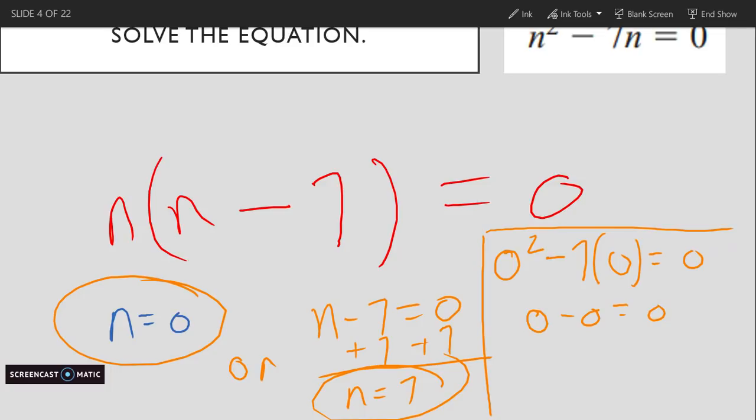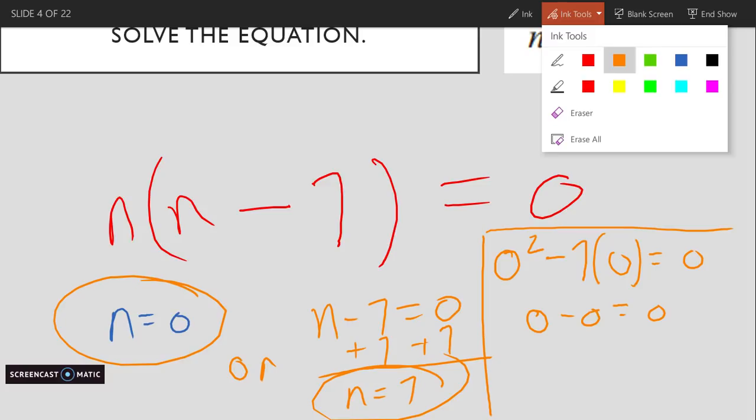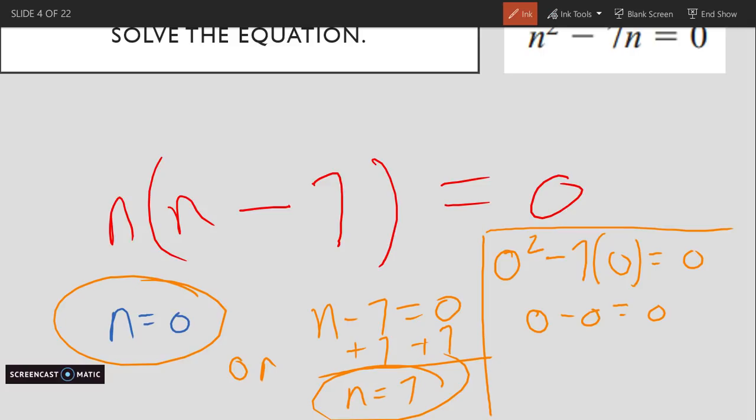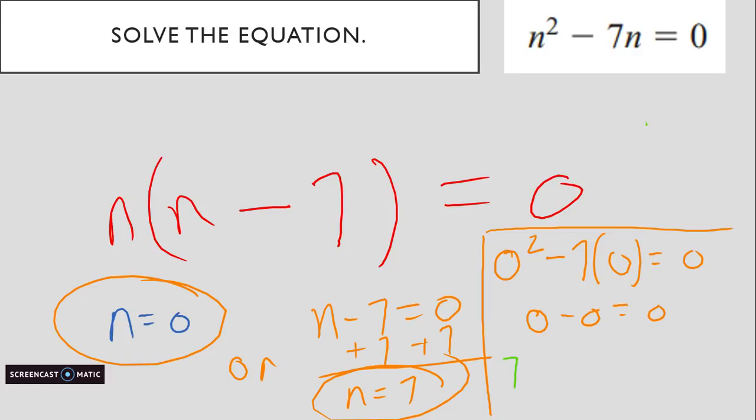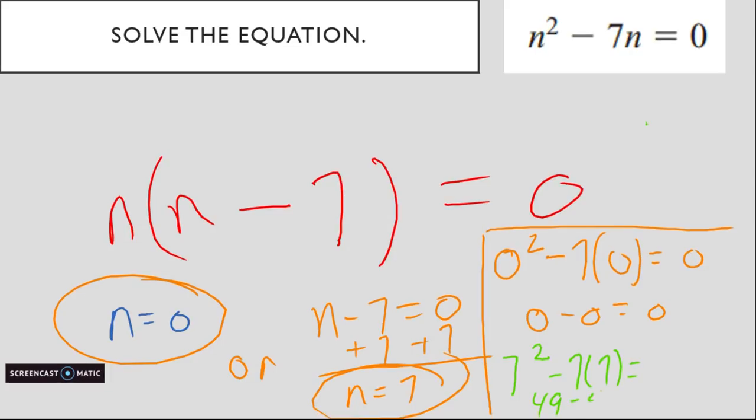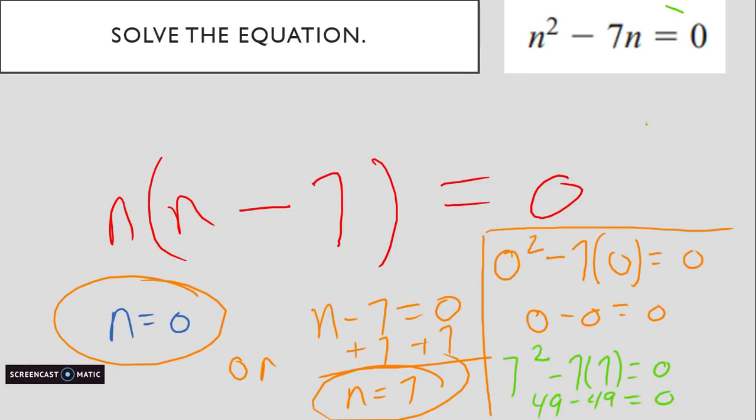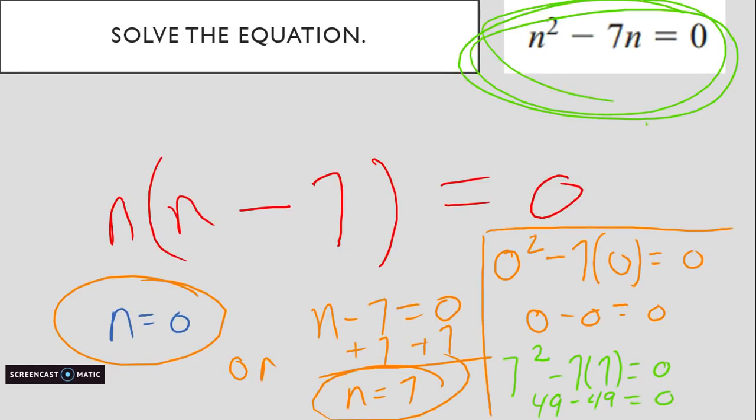Or if we take 7 and square it, and then we subtract 7 times 7, well, we get 49 minus 49, which is also 0. And so 0 and 7 are those two numbers that are going to make that original statement that we started with up here true.